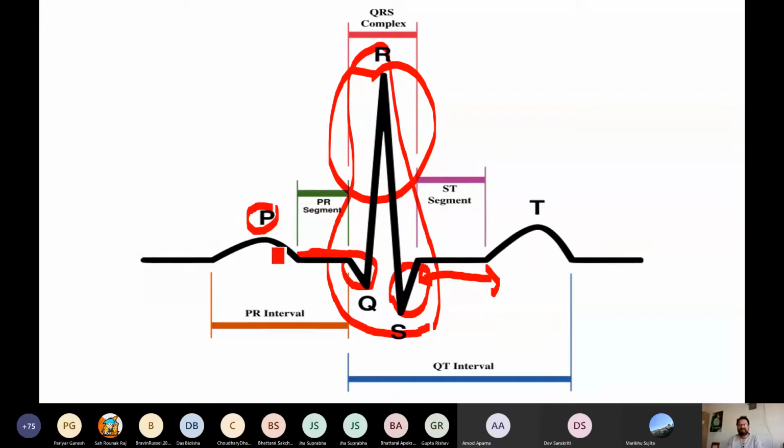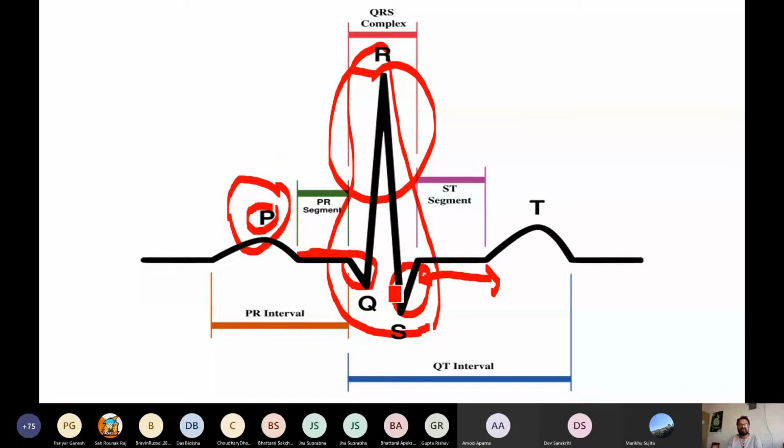P is the wave that will show if the sinoatrial node has produced any impulses or not. Okay, if the sinoatrial node is not there or it's not functioning, then the P wave will not be there. That is why if there is absence of P, then we call this beat a junctional beat, where the impulse is generating from the AV node, not from the sinoatrial node.